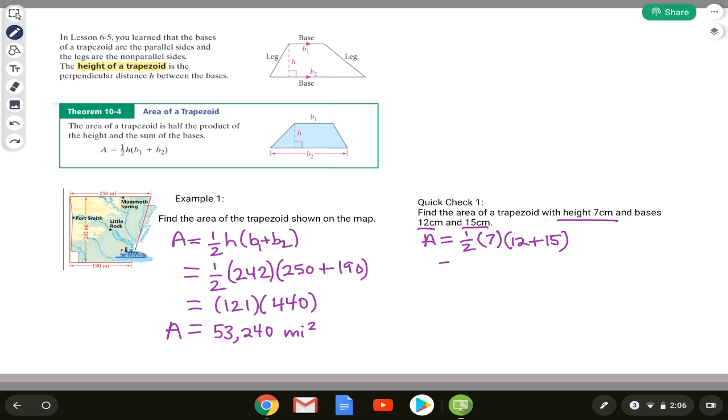So it'll be 1/2 times 7 times 12 plus 15, which is 27. Now if you want to put this on your calculator and you don't like having to use a fraction, you can multiply 7 times 27 and then just divide by 2. When you work that out, you should get 94.5 centimeters squared.